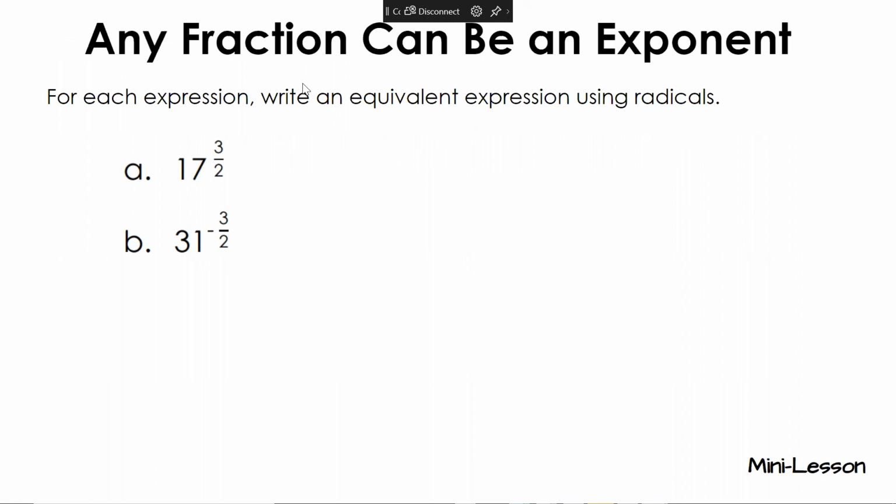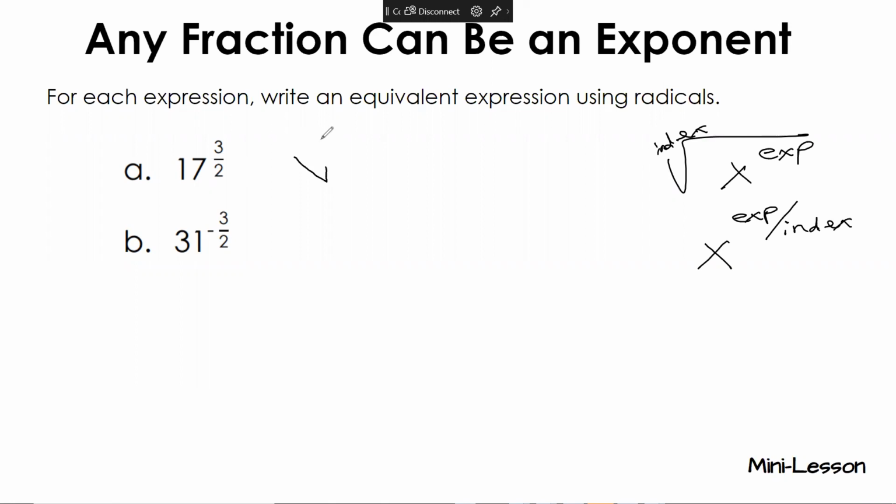Remember, on Monday, we learned that when we take some type of root, then we can write that as a rational exponent, which will be x raised to the exponent divided by the index. Okay, so we're going to use that to help us here. So we know that we're going to have a root. We're going to put 17 underneath the root. That denominator is going to go in that little cubby hole, and the numerator is going to be that exponent.